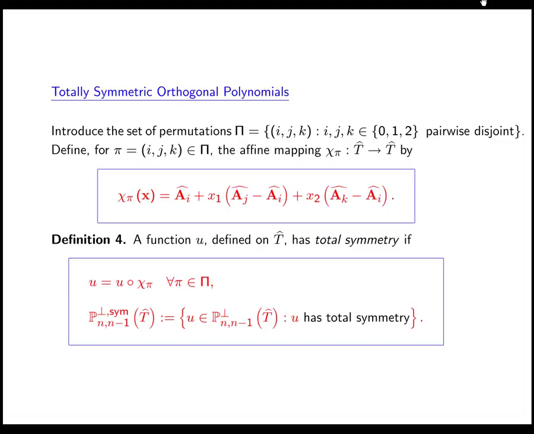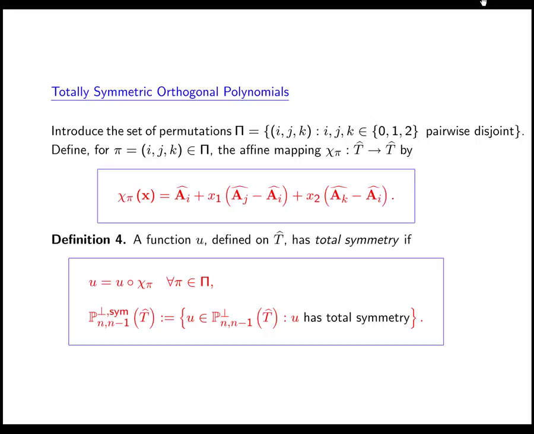Okay, now I come to the notion of totally symmetric orthogonal polynomials. Maybe don't look at the definitions. These are polynomials which are invariant under affine transforms of the triangle onto itself. So if you take some kind of transformation, they should be the same.